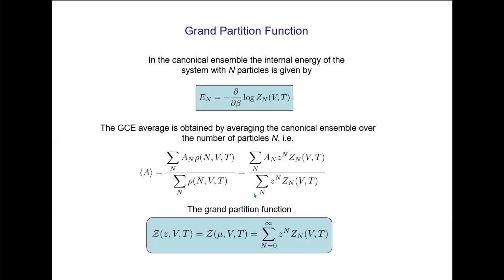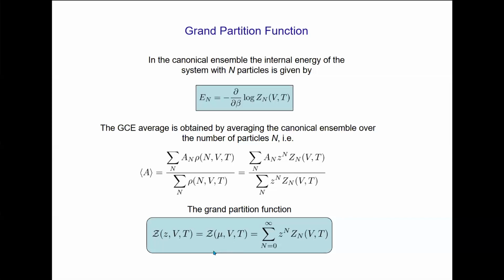So that the average of 1 is 1. This normalizing factor is now called the grand partition function, and we will denote it as Z crossed. It now depends on this additional variable z, V and T, or μ, V and T, where z is exponential of βμ. μ, as we'll see later, is a chemical potential, but at this stage we don't know it yet.